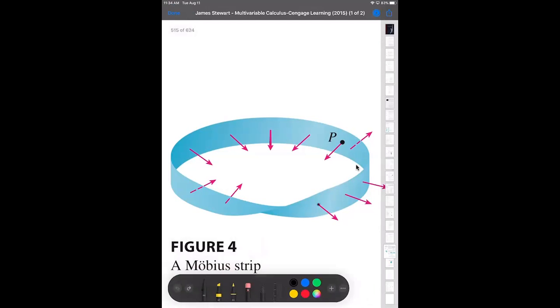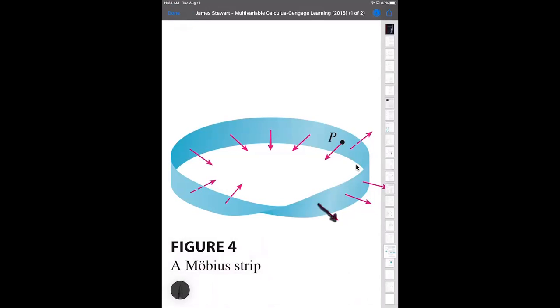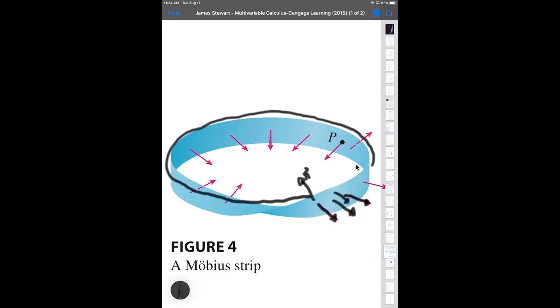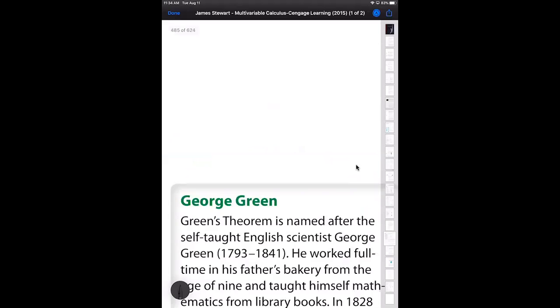You can choose n to be this vector, and it's going to be continuous here. You can keep doing this, but as you move around, you're going to get inside, and then you're going to have the other direction suddenly. So this is not continuous, because you are actually on the same surface.